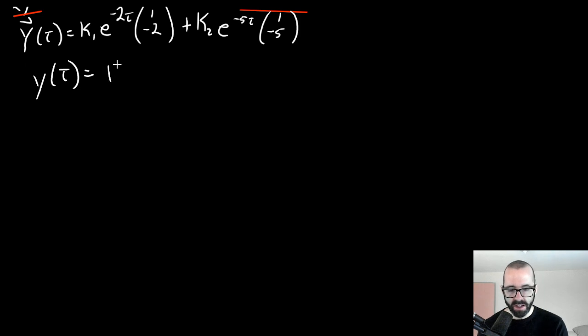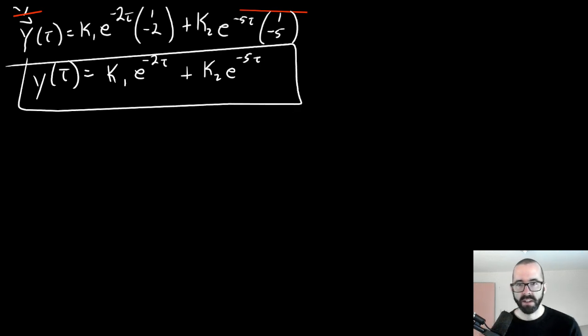And that's going to be k1. We can ignore the velocity components. Just k1 e to the negative 2t plus k2 e to the negative 5t. And the velocity, you can see, of course, the velocity is just going to be negative 5 times this component, negative 2 times this component, which makes sense, right?